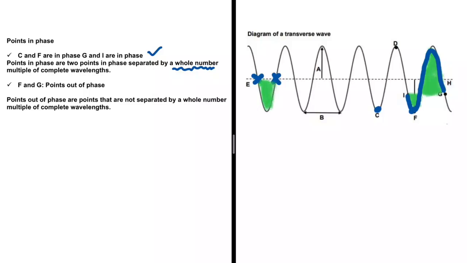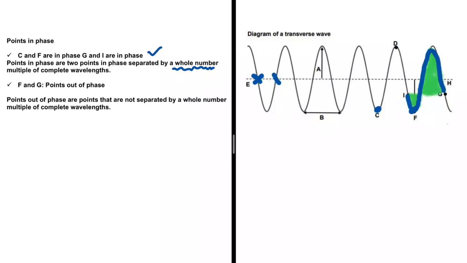Half is not a whole number. So between those 2 points, we have half of a wavelength. So we cannot say that they are in phase because they are not separated by a whole number of complete wavelengths. They should be separated by one wavelength, 2, 3, 4, 5, 6, on and on, but not 2.5 and not a half. That's not a whole number.